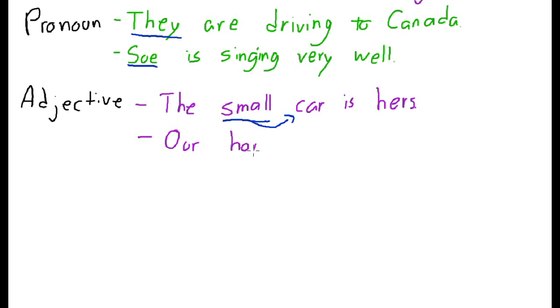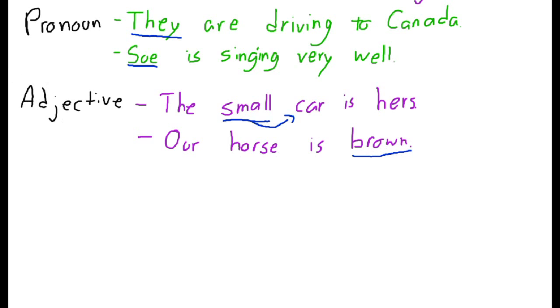Our horse is brown. Okay, our horse is brown. Well, if you look at that, the adjective is brown, correct? The adjective here is describing the horse. Okay, we're saying it is brown.